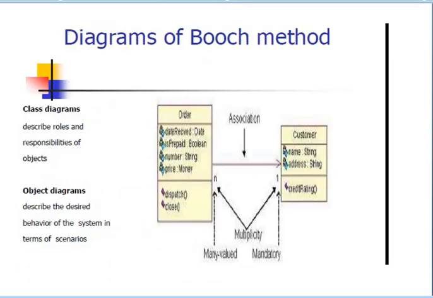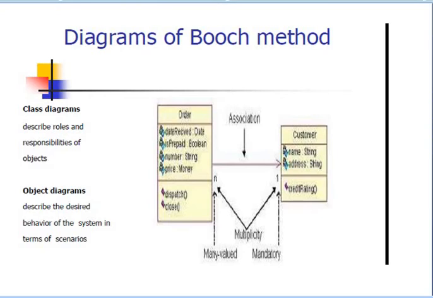This diagram shows Booch methods such as class diagram and object diagram. It specifies the process, association, multiplicity. This class diagram describes roles and responsibilities of the objects.